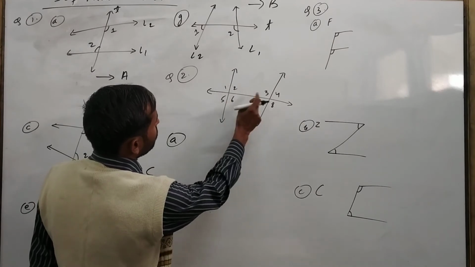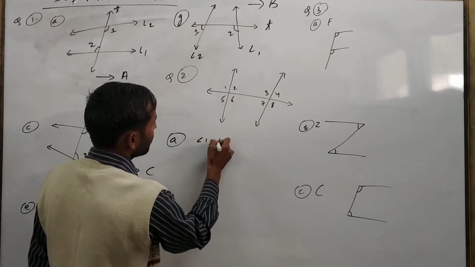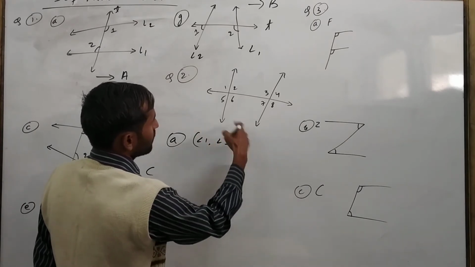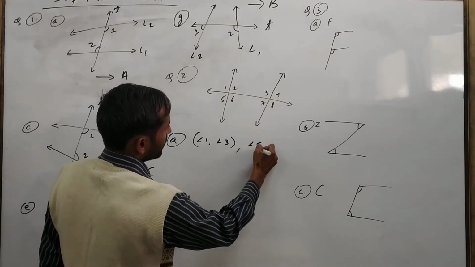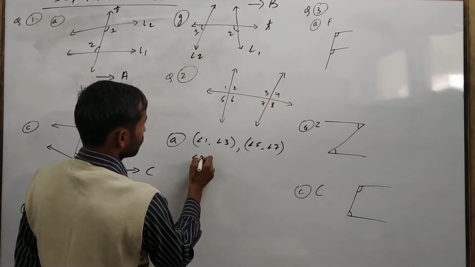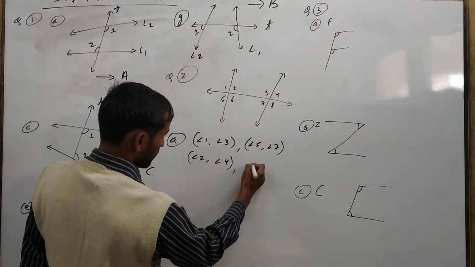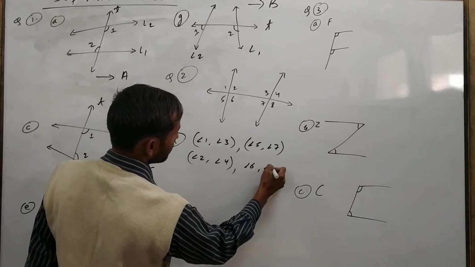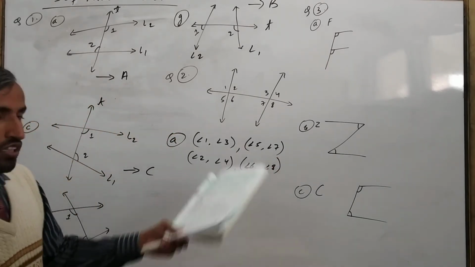Angle 1, angle 3 is one pair. Another pair angle 5, angle 7, and the next pair angle 2, angle 4, and the next pair angle 6, angle 8. So these are the corresponding angles.